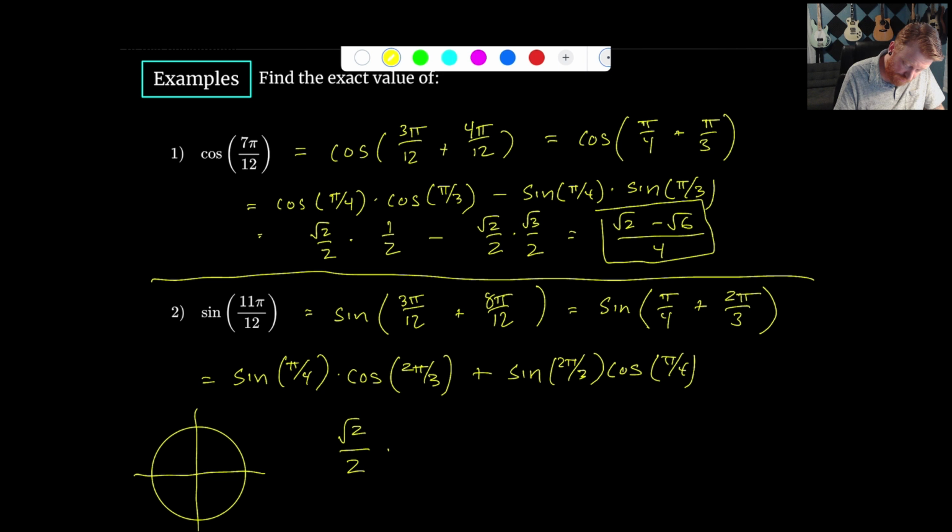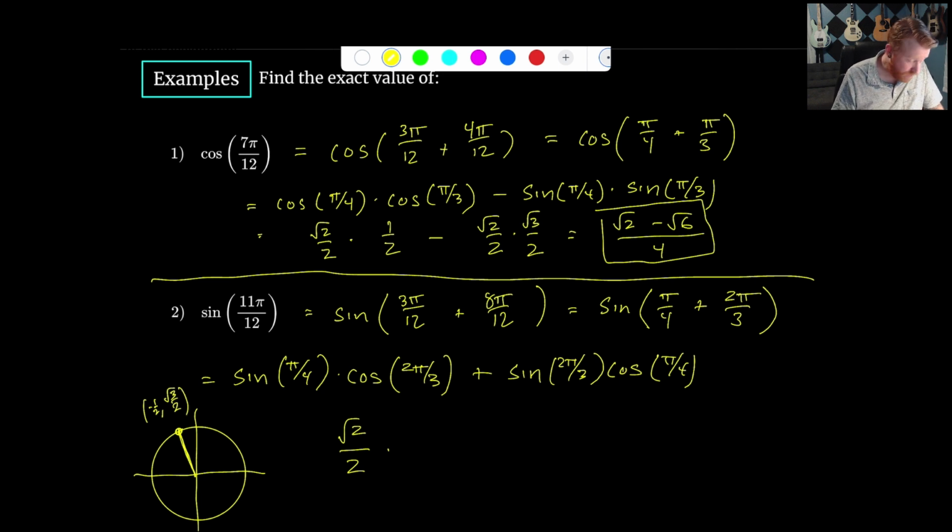So we're looking at 2 pi over 3, which is this angle here. And this has a cosine value of -1/2 and a sine value of square root of 3 over 2.